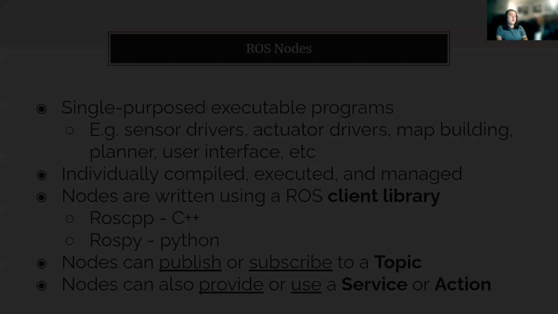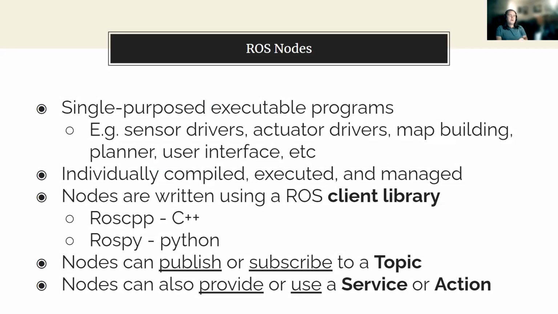First up is nodes. ROS nodes are the most core piece of ROS. These are single-purpose executable programs. That could be anything from running a sensor, running a motor, building a map from sensor input, path planning, or creating a user interface.